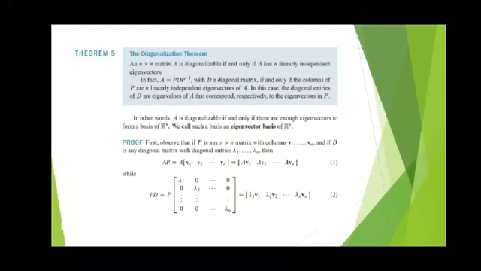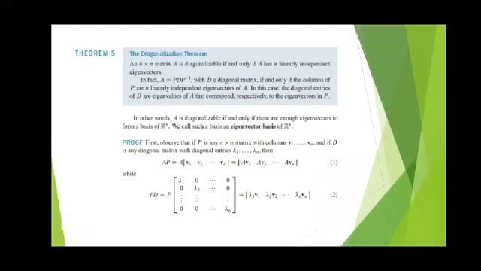In other words, A is diagonalizable if and only if there are enough eigenvectors to form a basis of R^n. We call such a basis an eigenvector basis of R^n. In the previous class, we saw the eigenvector basis. Now we take the proof.